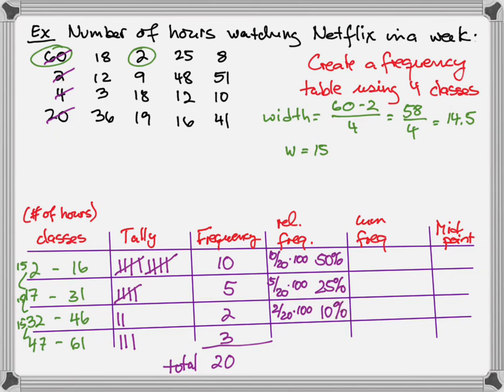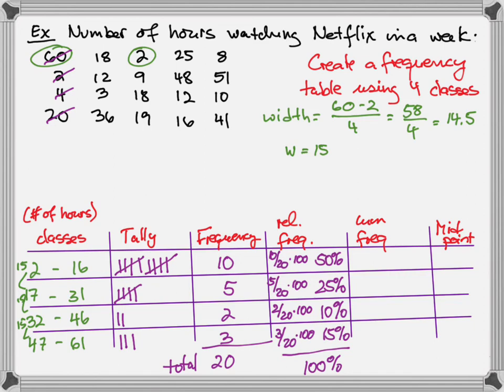And 3 divided by 20 is 15%. And of course, altogether, that should add up to 100%, and 70, 80, 90, 100, it does. So the grand total, 100%, or close to it if we have to round.